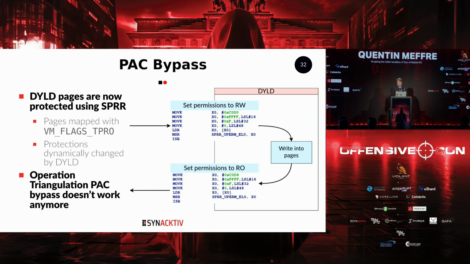Then it will do the write operation, and at the end of the operation, it will set another special value into the system register to switch the permission between read-write and read-only. And of course, mprotect can no longer be used to change the page protection, and DYLD is the only one which can change it. So with this new mitigation, the Operation Triangulation PAC bypass does not work anymore.